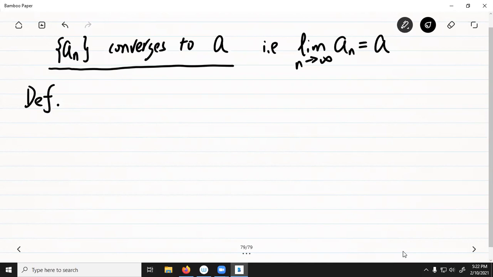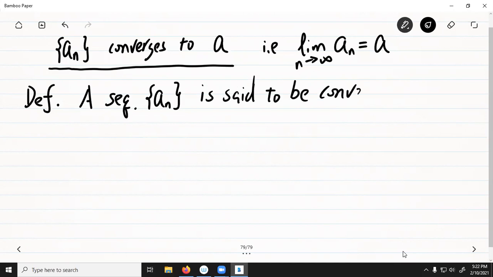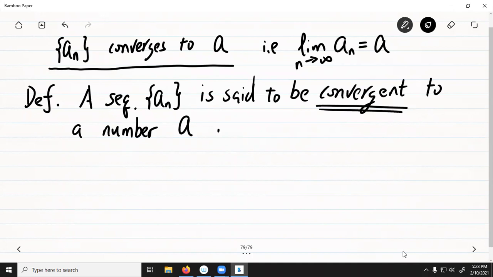Now this definition: a sequence a sub n is said to be convergent to a number A if for any epsilon greater than 0, and this epsilon could be an arbitrarily small number, there exists an N, which is a natural number, N greater than 0.